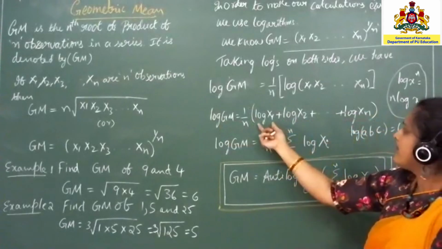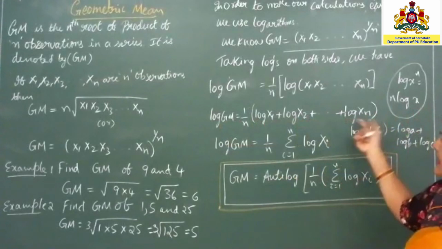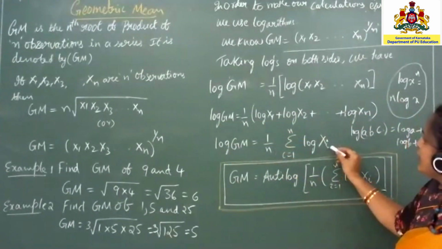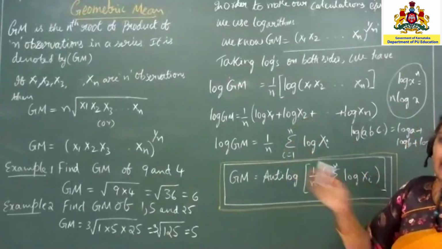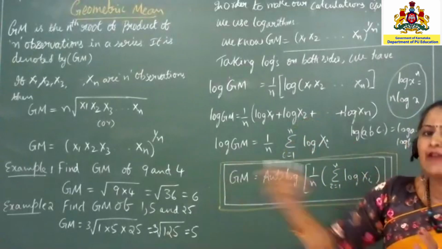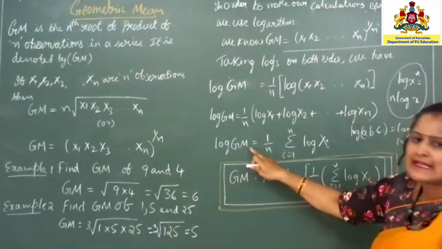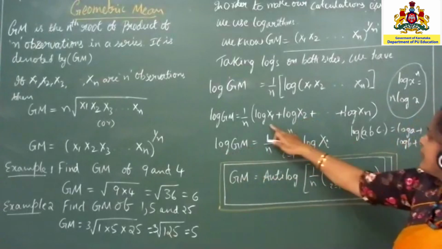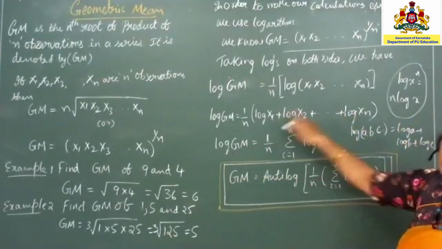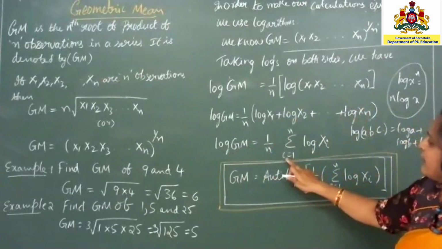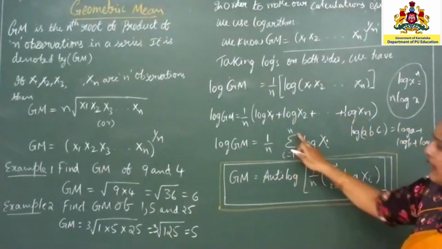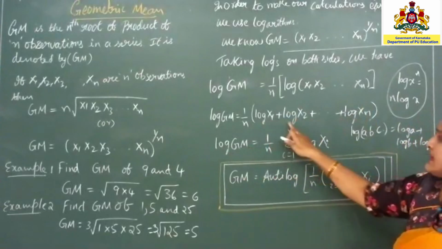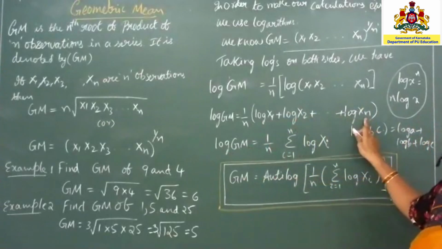As statistics students, we need to know that summation means we are adding all the values. That's the reason log GM equals 1 by n summation, adding from log x1 to log xn, indicated by i equal to 1 to n of log xi. This means log x1 plus log x2 and so on log xn.